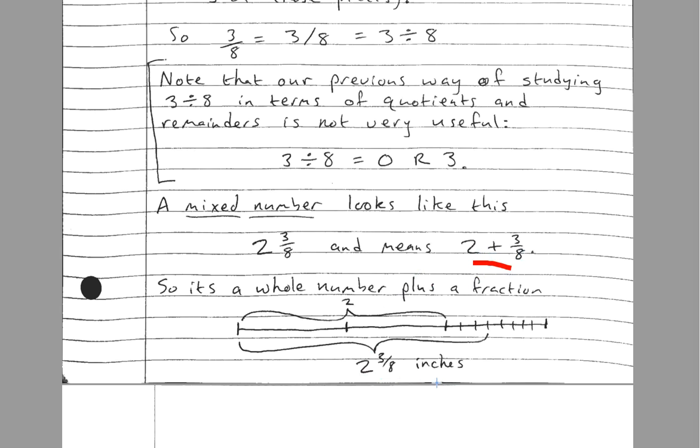Going back to your ruler with inches, so 2 3/8 inches. Here's 1 inch, 2 inches, 2 1/8, 2 2/8, 2 3/8. So this whole thing is 3 inches, and this part is 2 3/8 inches. When you see a mixed number, you should always think there's really a plus sign in between the two numbers.